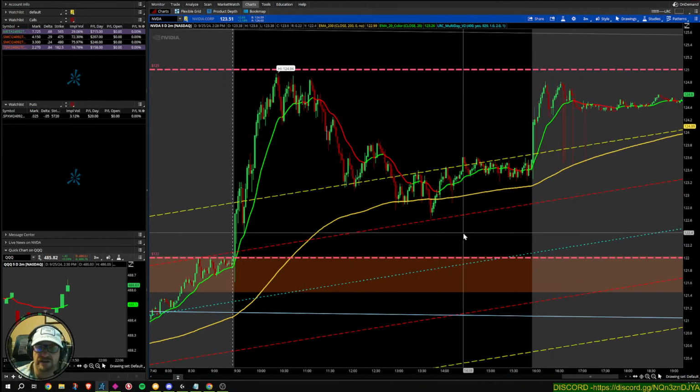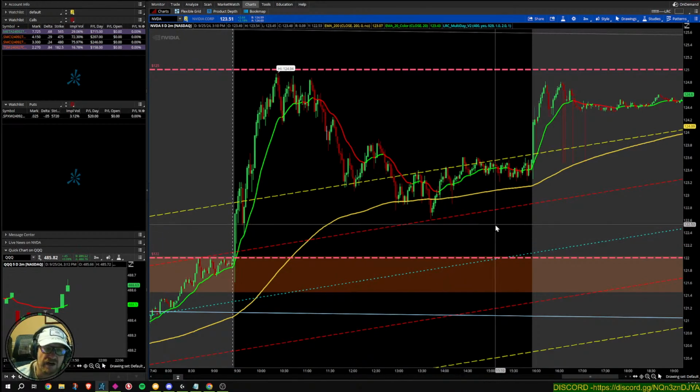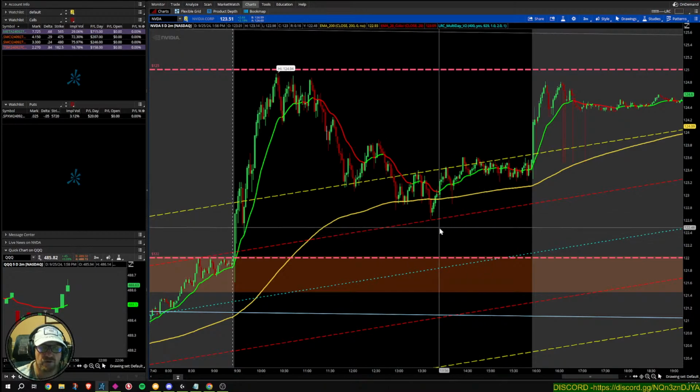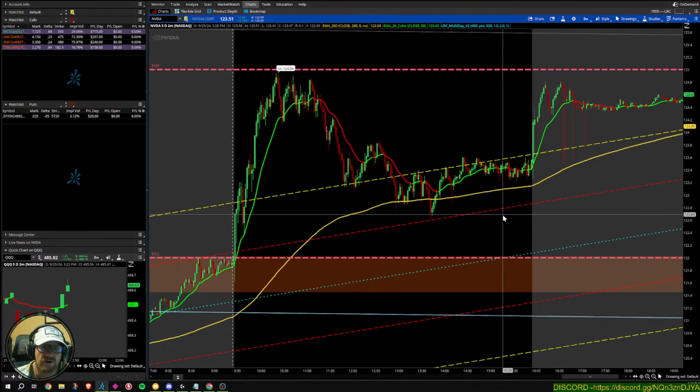All of these other indicators and all this stuff, you can use them for guides and to help, but they're going to destroy your account. They will cause you to lose over time. Again, my opinion, I've seen it over and over and over.